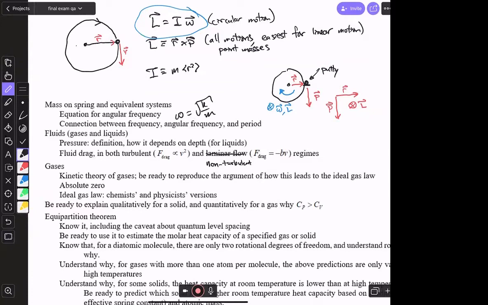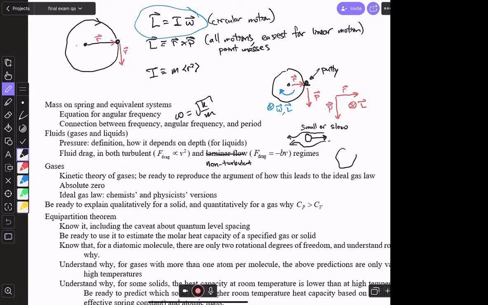Can you go over turbulent and non-turbulent again? So again, we haven't talked about them in detail, but when something is small or slow, so let's say if I've got a small bead that's moving slowly through the air, then the air can sort of displace around it in a very smooth way.